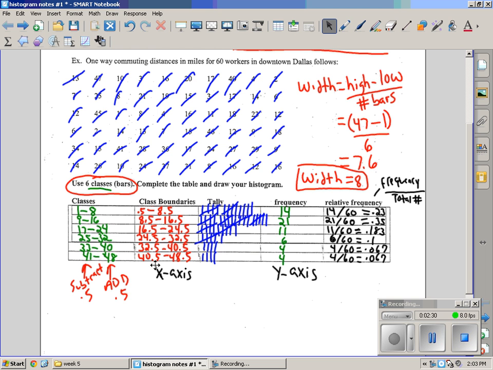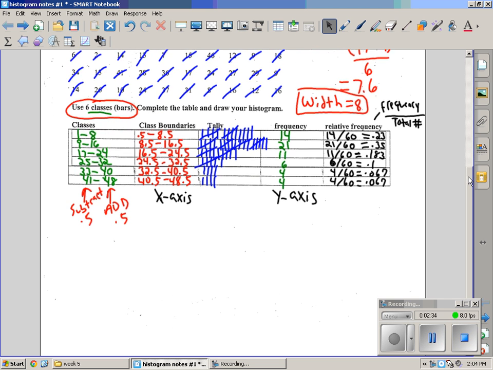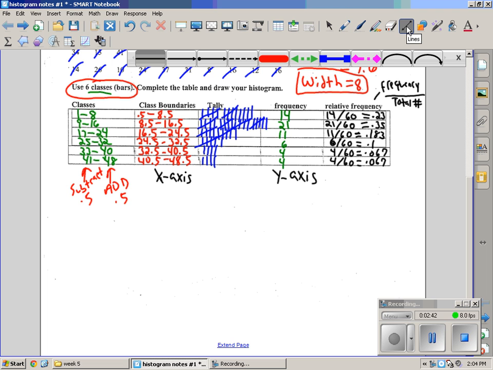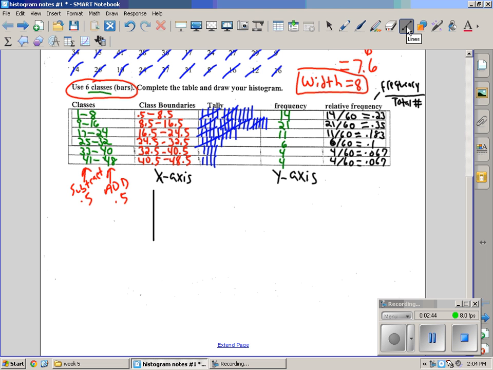Okay, so we are ready to graph this thing. On the y-axis is your frequency.